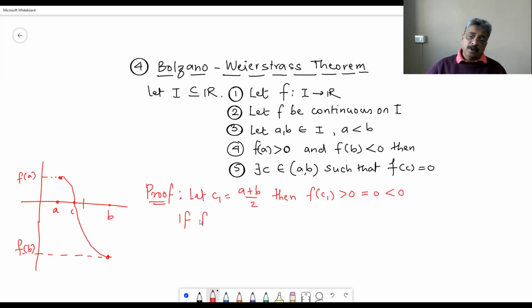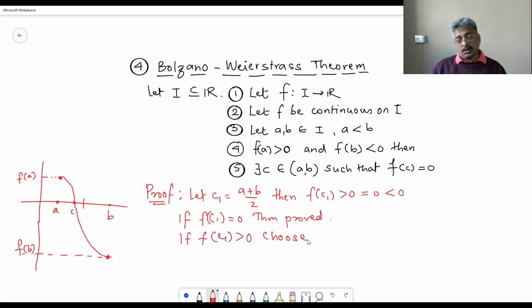If f of C1 equal to 0, theorem proved. If f of C1 greater than 0, choose interval C1 comma b.